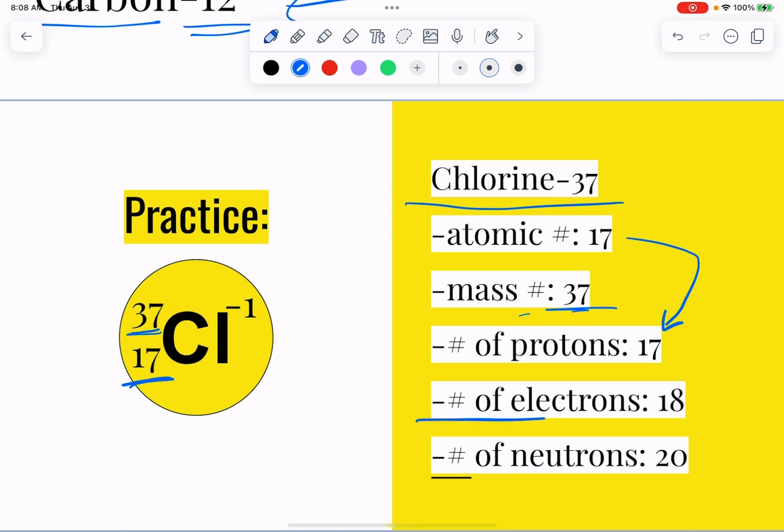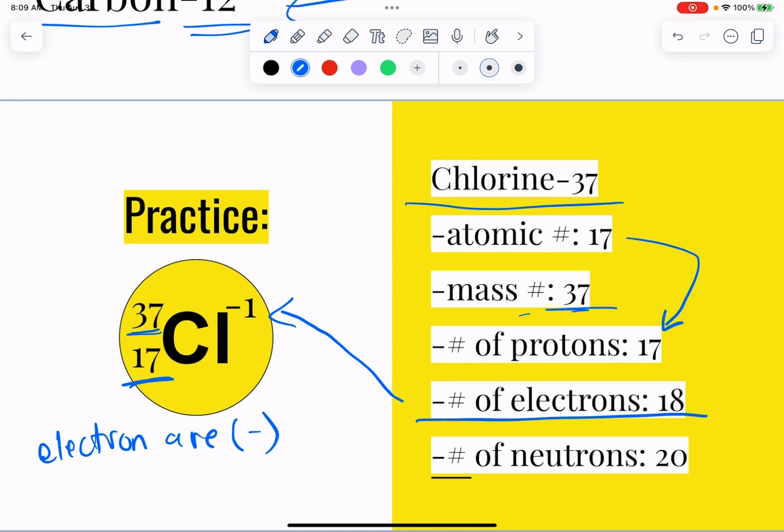Now, when I try to figure out the number of electrons, I first have to look at the charge. Because remember, what makes it an ion is that you change the number of electrons. So I say, okay, this has a charge of -1. It has an extra negative charge, and I remember that electrons are negative.